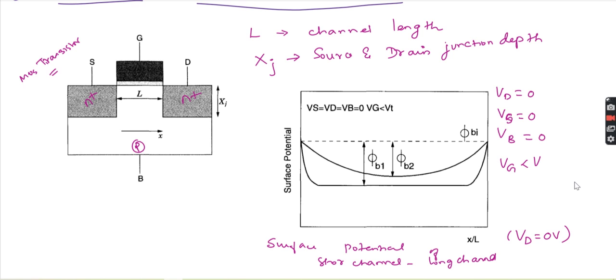Then your gate voltage is less than the threshold voltage, remember, in both cases.